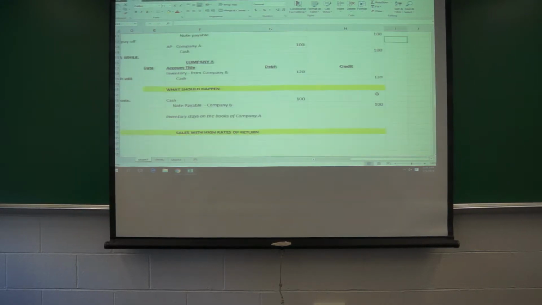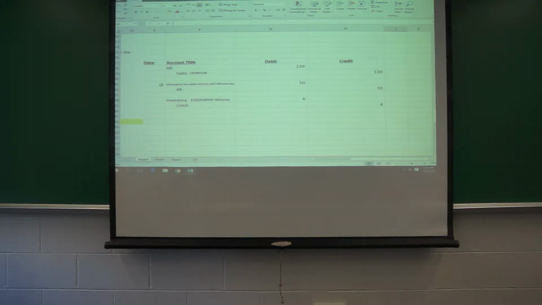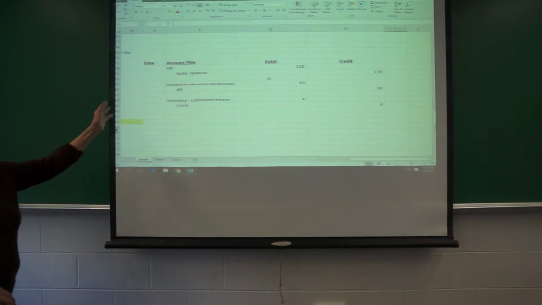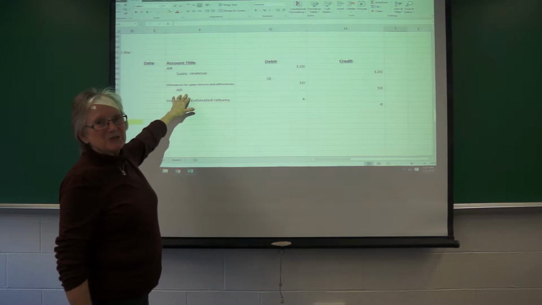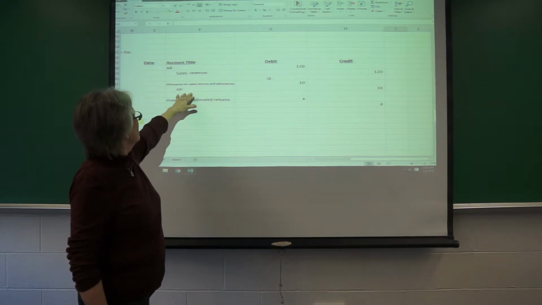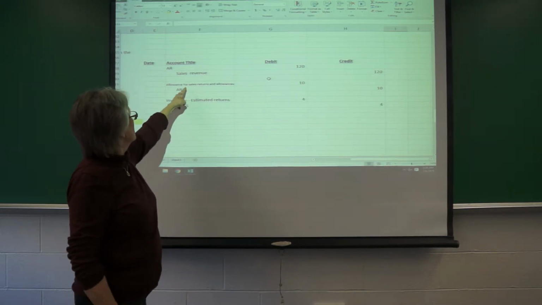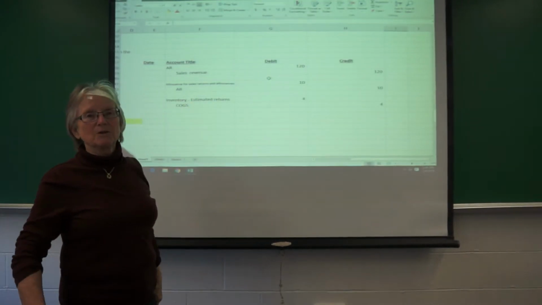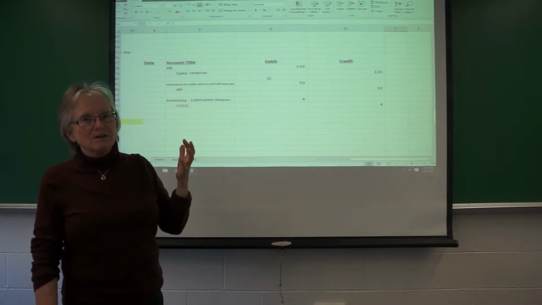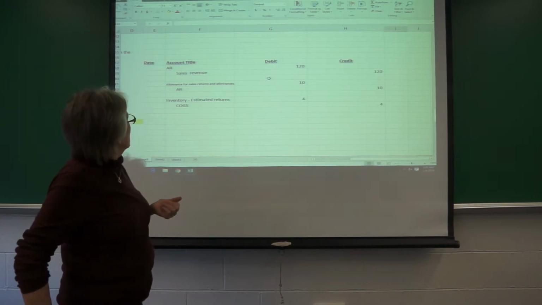So what do they do? They debit accounts receivable and credit sales revenue for the entire amount sold, but then they use the allowance for sales returns and allowances account to reduce that accounts receivable. This is a contra account to your accounts receivable, so that the accounts receivable are stated at what they really expect to collect.